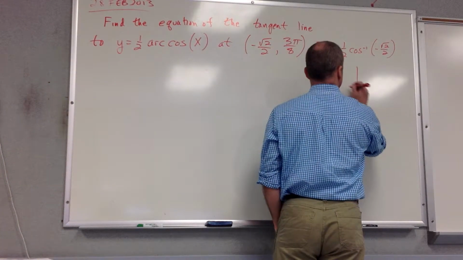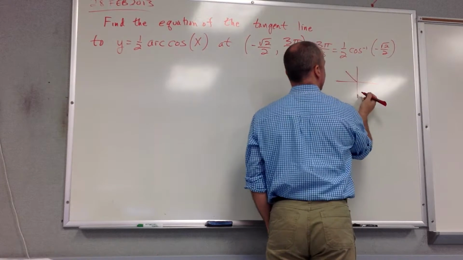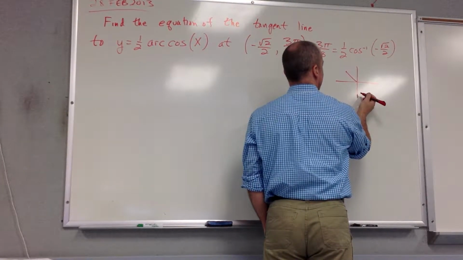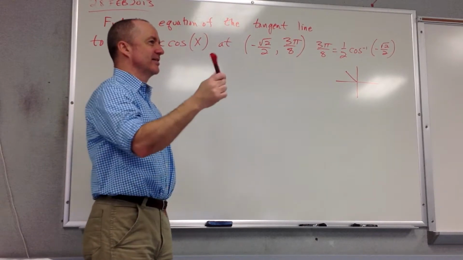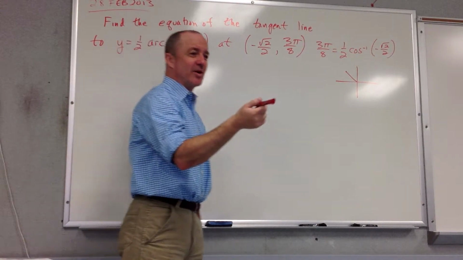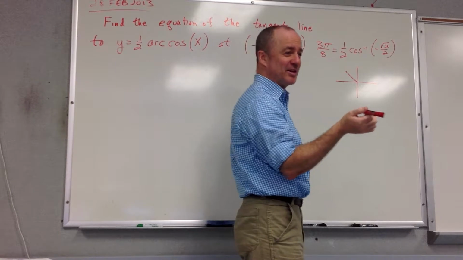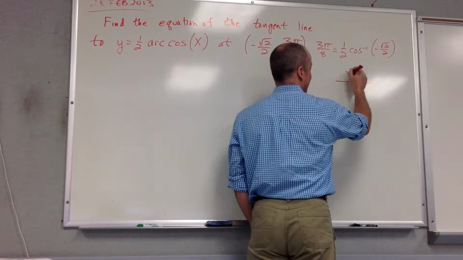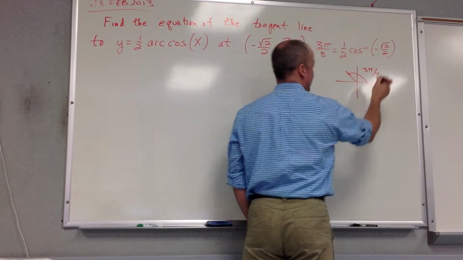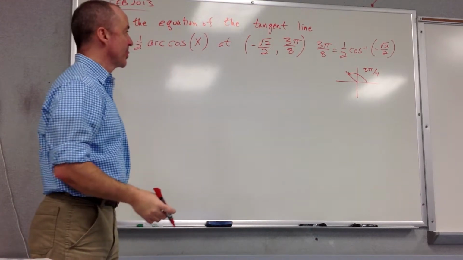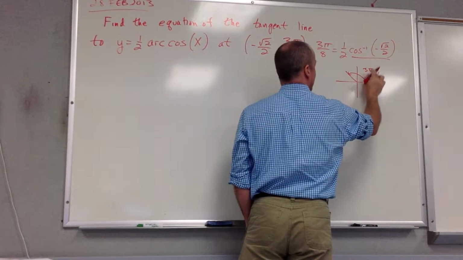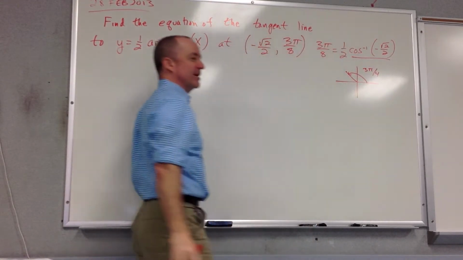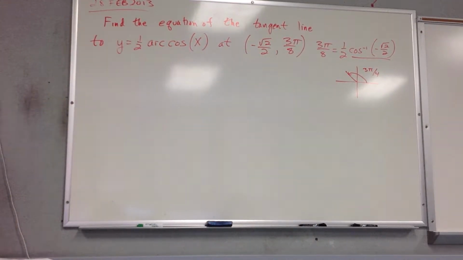It's in quadrant 2. What's the reference angle? The reference angle is pi over 4, 45 degrees. So the standard angle is 3 pi over 4, 135 degrees. Divide that by 2 is 3 pi over 8. So this is going to be 3 pi over 4 times 1/2, which will be 3 pi over 8. Okay. We good? Yep. All right.